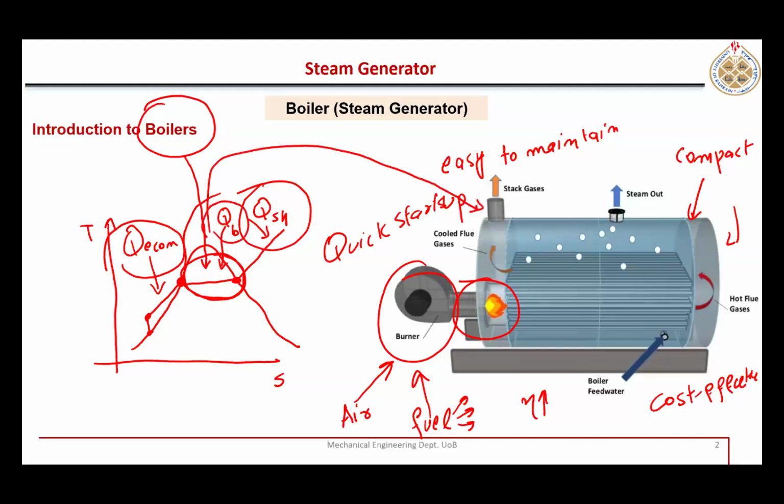Economizer and superheaters are separate components which are added to improve the performance. So not all boiler types include these economizers and superheaters, especially for low pressure or older designs. But nowadays in modern boilers, these economizers and superheaters are kind of essential components in modern high efficiency systems.